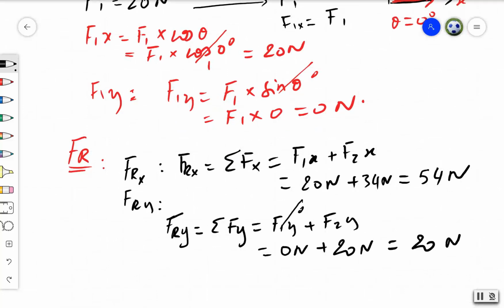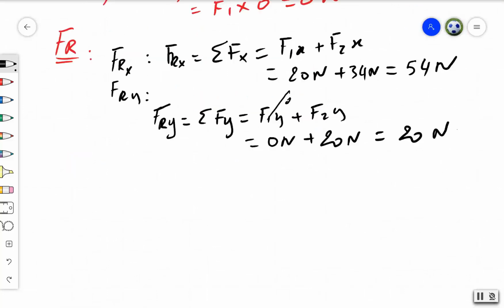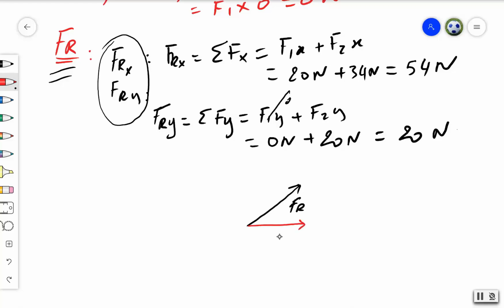And this is basically 20 Newton. So these are the components of FR. If I draw them, this is going to be my FR, and this is the component on the x-axis, FRx, 54 Newton, and this component here is FRy, which is 20 Newton.